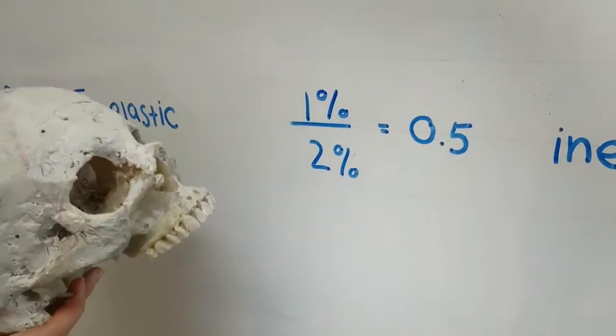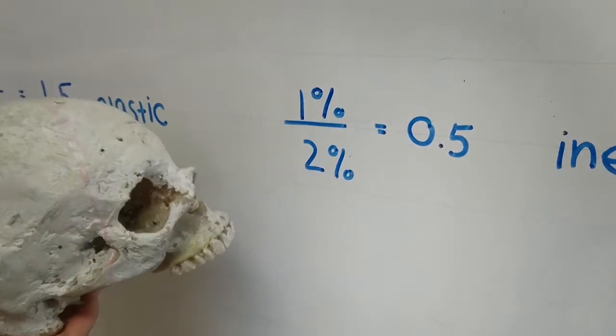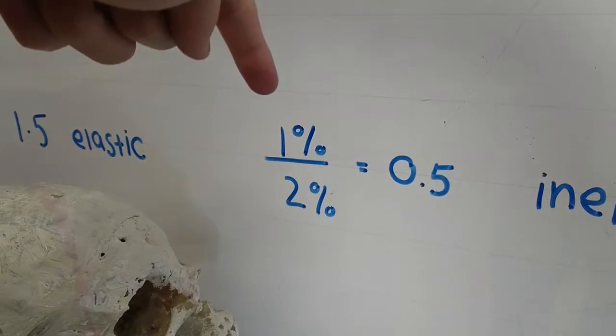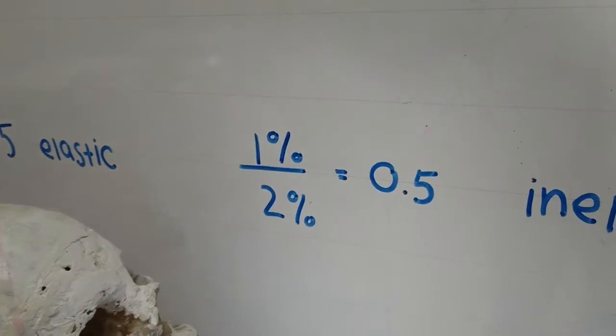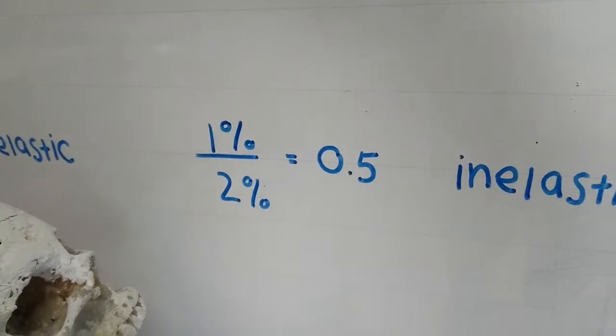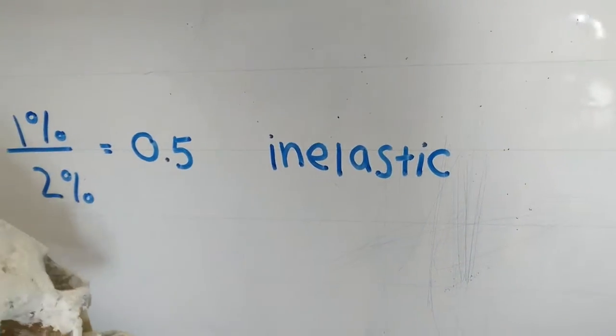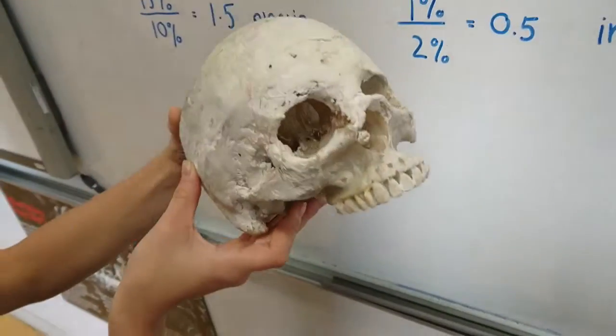And also 1% divided by 2%, with this being quantity demanded and this being price, equals 0.5, which means it is inelastic, says the Daily Economist.